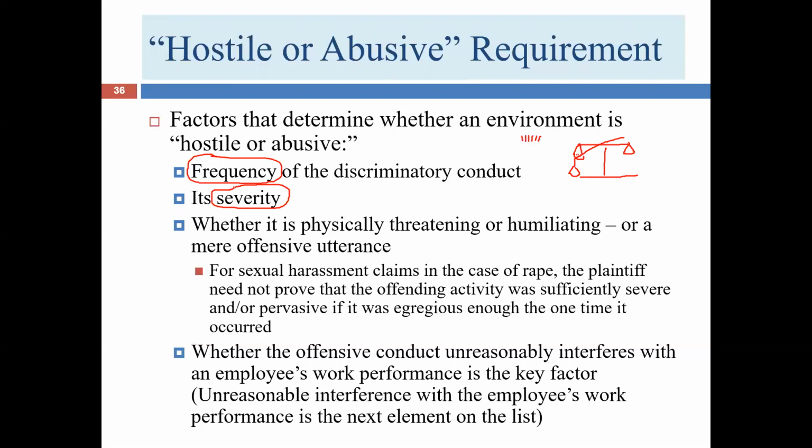So a single incident can be so severe that you don't need frequency. It doesn't need to be physically threatening or humiliating, although obviously if it is either physically threatening or humiliating, then that means it's quite severe. But it doesn't have to have those characteristics.